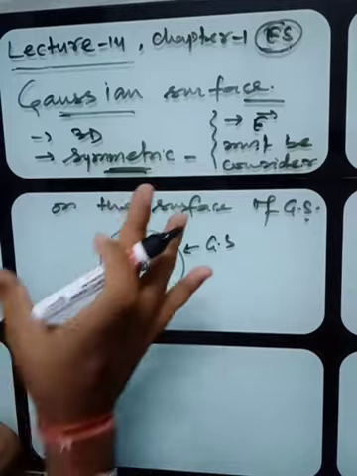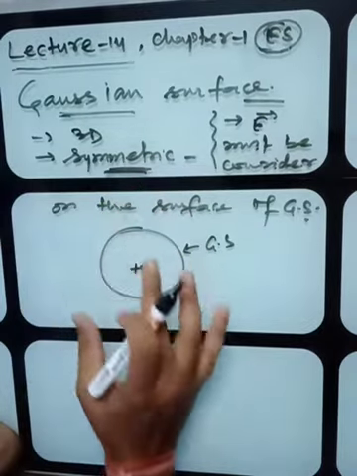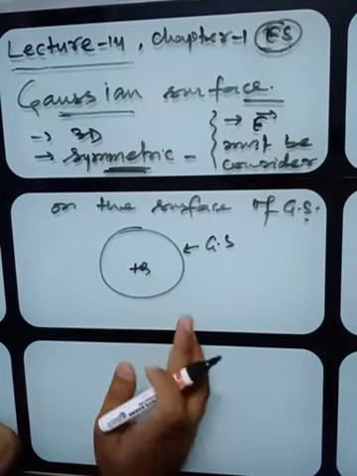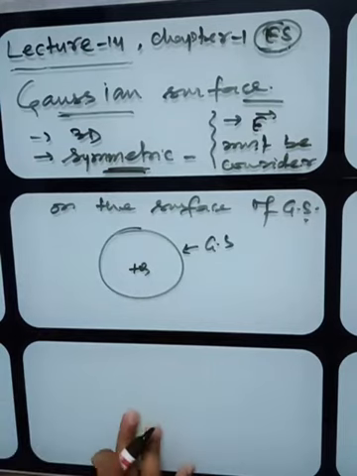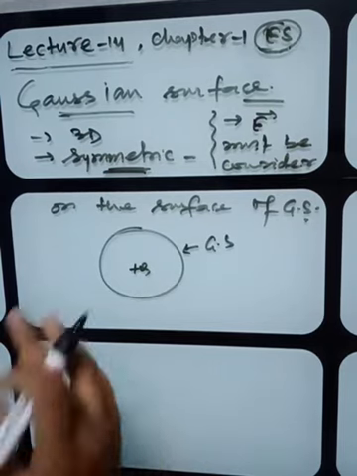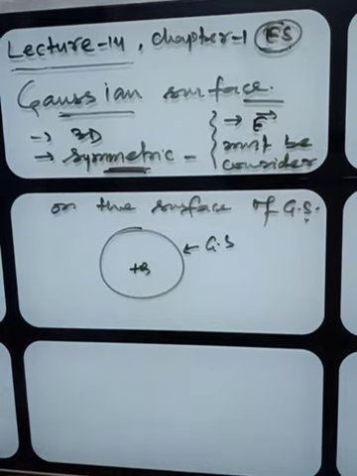Now student, the statement of Gauss law. Today we will study the statement, and from next class we will apply the application of Gauss law, how to prove this Gauss law, and what are the uses of this Gauss law, my dear student.